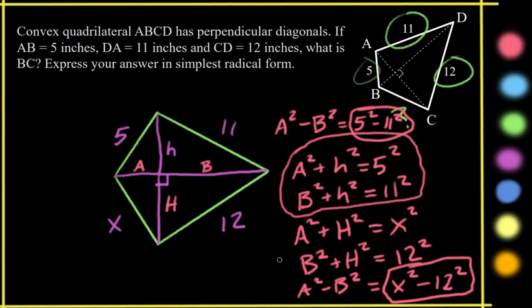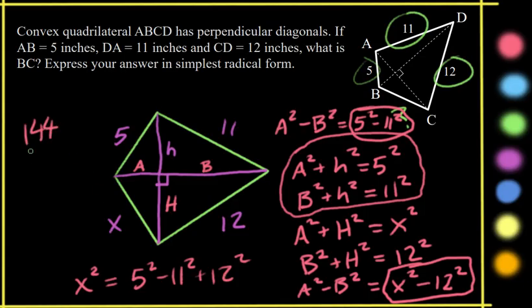If we solve for x squared on one side, we get 5 squared minus 11 squared plus 12 squared. And then it's just a matter of figuring out what that is. You've got 144 minus 121, which gives you 23.